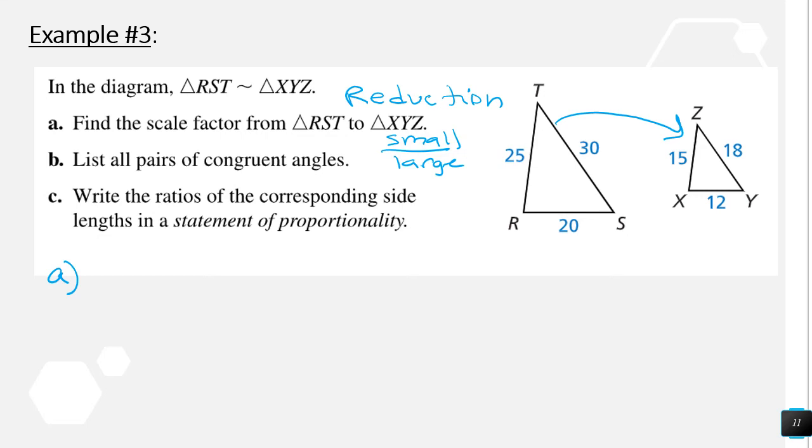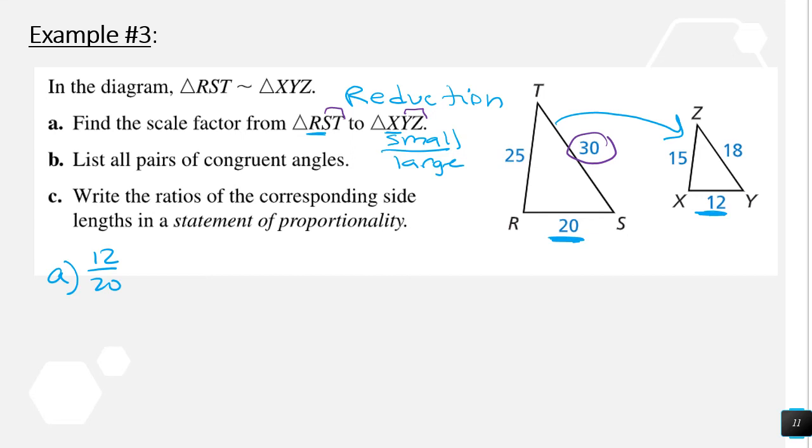So if we look at figure A and we do corresponding sides, side RS corresponds to XZ, so I'm going to put 12 over 20. And then I have ST and XY. I have RS is going to correspond to XY.